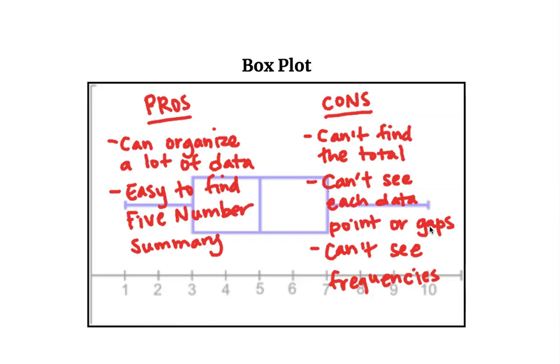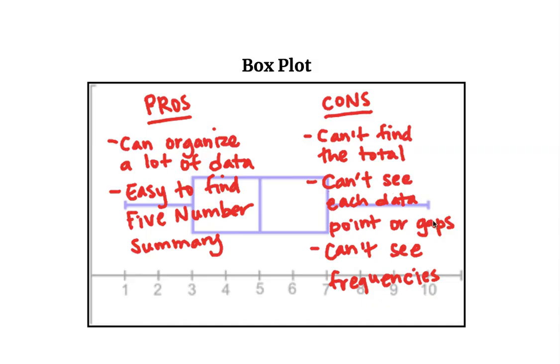Cons is you can't find the total. I have no idea how many data sets or how many data points there are in this one box plot. This could be 4 data scores in there or it could be 400. I don't know what the individual data points are. I also can't see any gaps. I have no idea if this whisker is so long because nobody voted for 8 and 9 or if a bunch of people voted for 8 and 9.